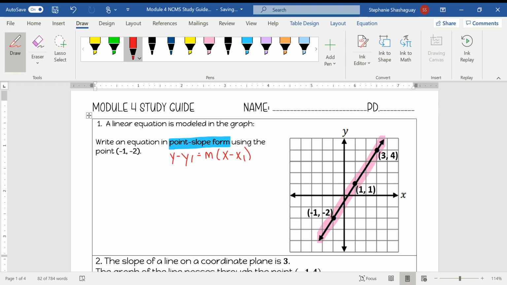Okay, so we need to write an equation in that form, and we're going to use the point -1, -2, which is this point right here. The first thing we need to do is find the slope.